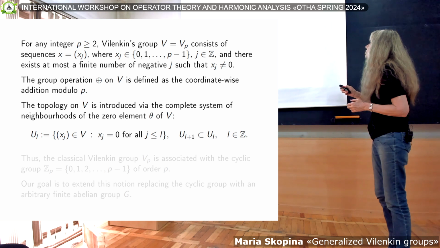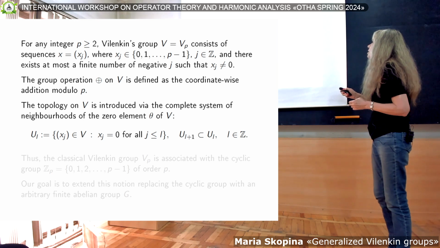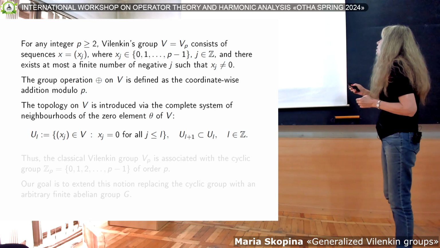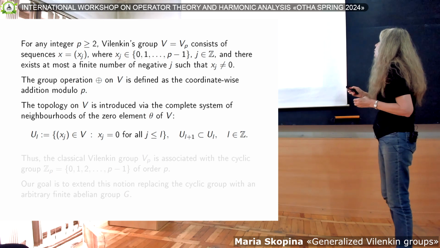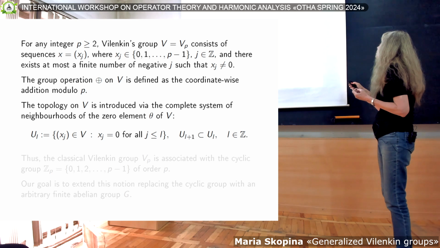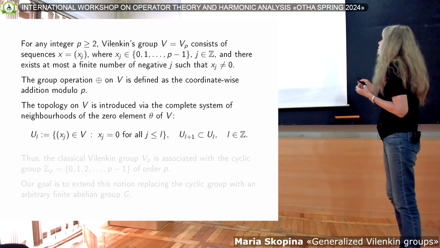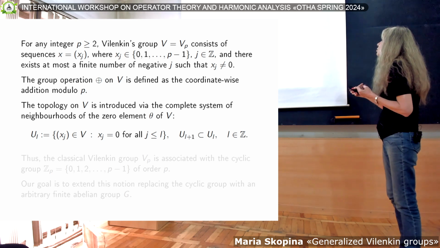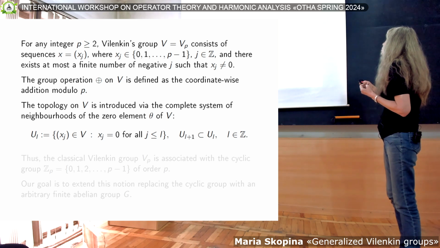It is associated with a positive integer p, and it consists of sequences where the components xj are from the set 0, 1, etc., p minus 1, and there are at most a finite number of negative j such that xj is non-zero.